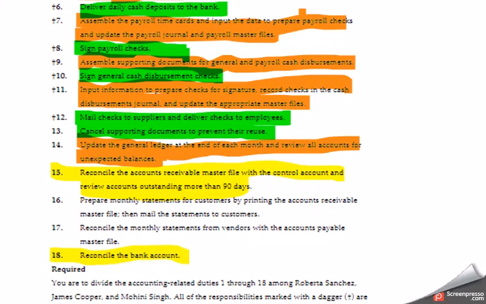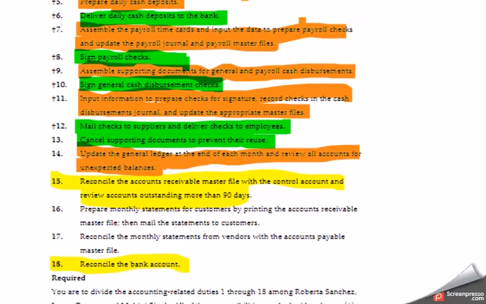All right, so then we have these last two: prepare monthly statements for the customers by printing the accounts receivable master file, and then mailing the statements to the customers.